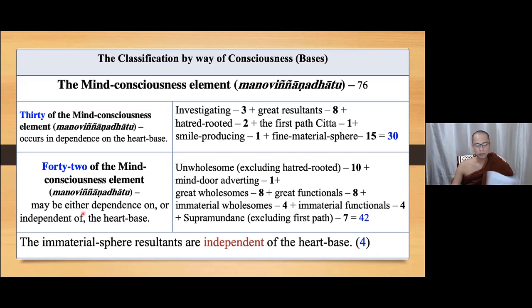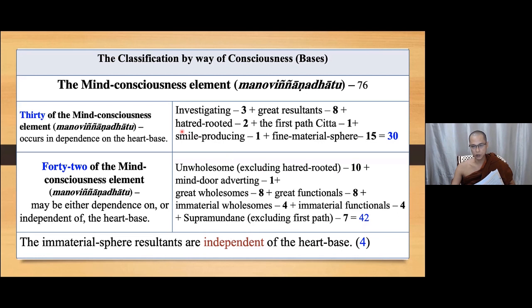Sometimes when they arise in the immaterial world, there's no materiality to base on. That's why they arise independent of the heart base. So sometimes when they arise in a plane of existence where materiality exists, at that moment they arise based on the heart base. And when there's no materiality, they arise without the base. They are 42 in number. We can count the rest.